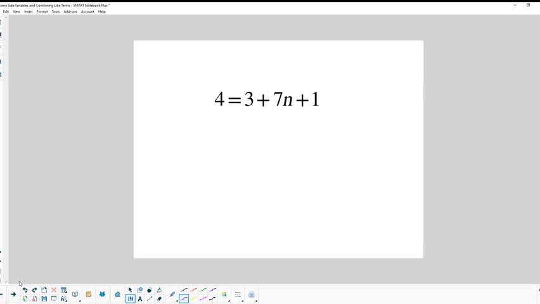All right, here's one that's a little more complicated, so we could combine the 3 and the 1 together. And we end up with 4 equals 3 plus 1 is 4, 4 plus 7n on the right side. To solve for n, we're going to subtract 4 from both sides. Oh my goodness, that's going to give us 0 equals 7n.